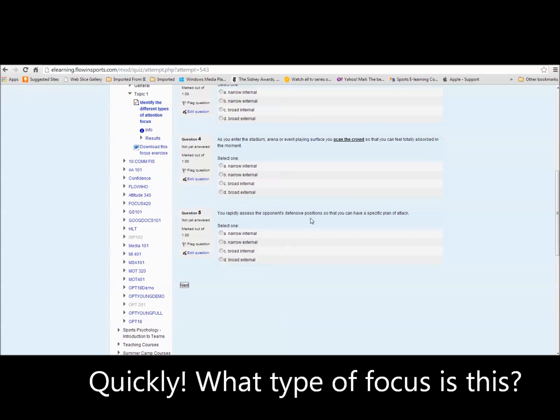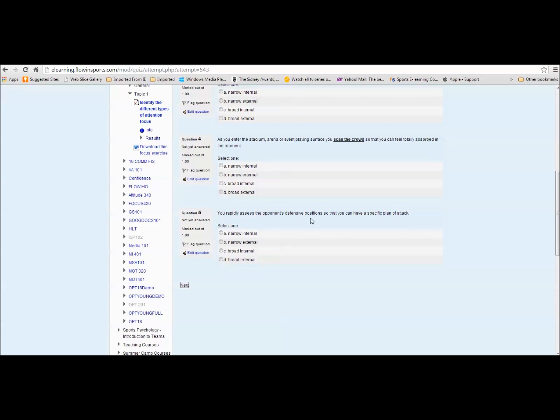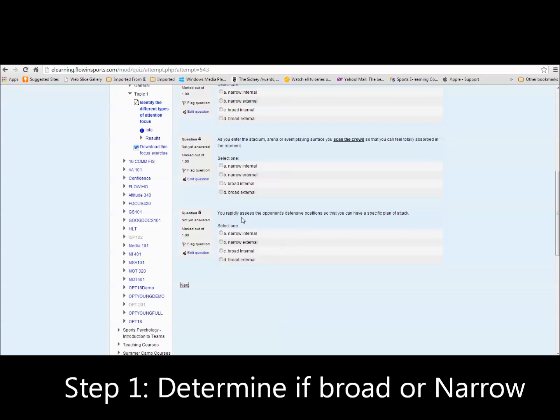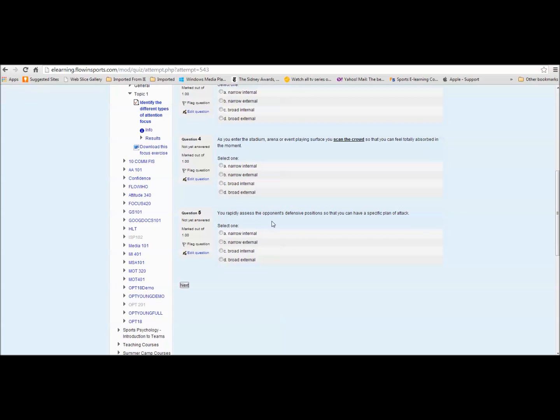Once again, the way you want to think about this is always first, is it broad or narrow? So broad, many, two or more. Narrow, one. You rapidly assess the opponent's defensive positions so that you have a specific plan of attack.